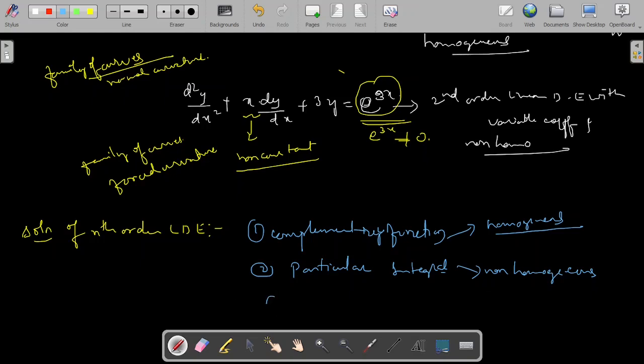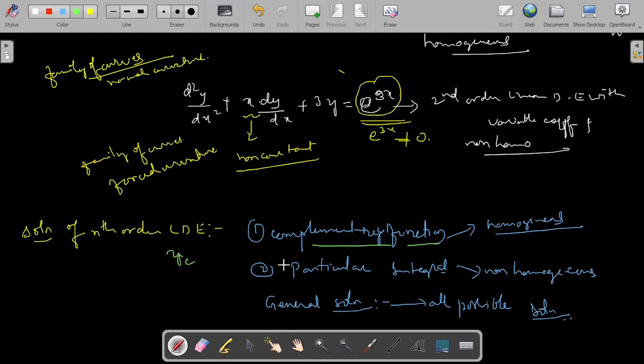Then the general solution gives you all possible solutions of the given differential equation. You have to check whether it is homogeneous or not. If it is homogeneous, it has only this complementary function as its solution, which is denoted as yc. If it is not homogeneous, then along with the complementary solution, it will have the particular integral also. So you will have to write it as yp, particular integral, because of that new factor.